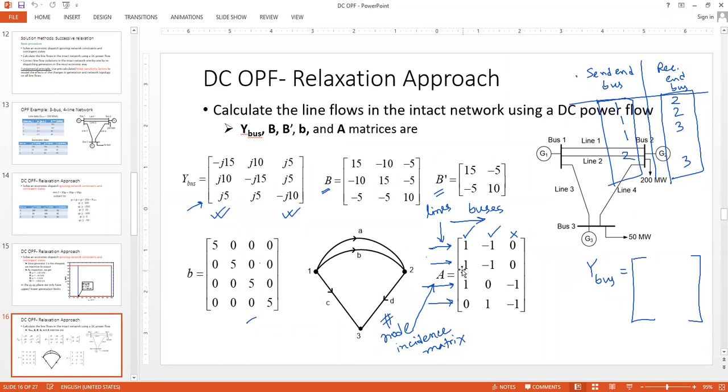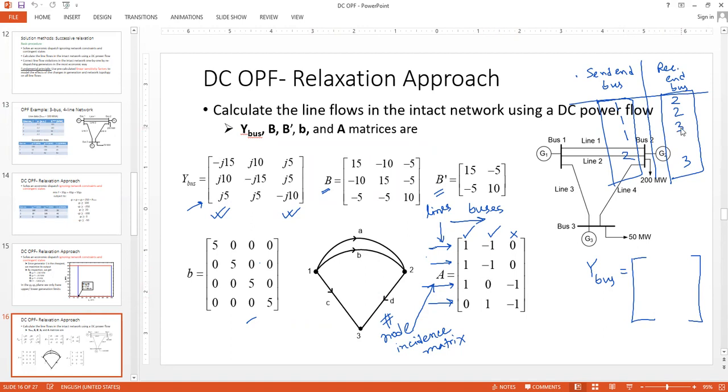If we continue, line number 2 is again between bus 1 and bus 2. The sending end bus is number 1, so +1. The receiving end bus is bus number 2, so -1. And bus 3 is absent here. The third line is between bus 1 and 3. Bus number 1 is the sending end, so positive. Bus number 2 is absent, so 0.